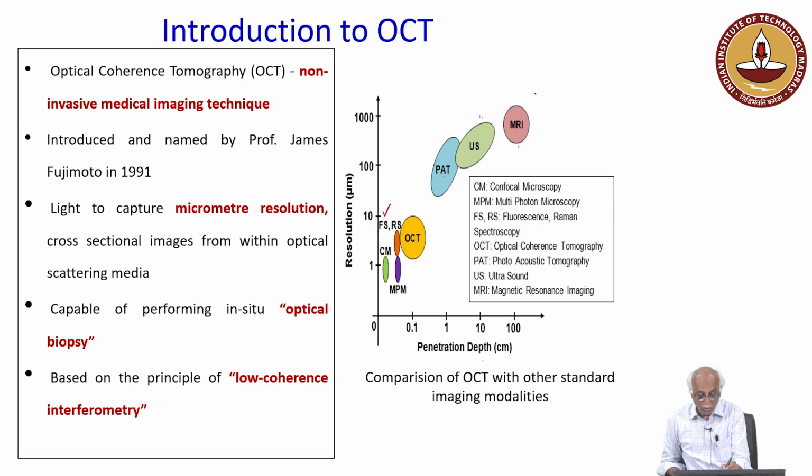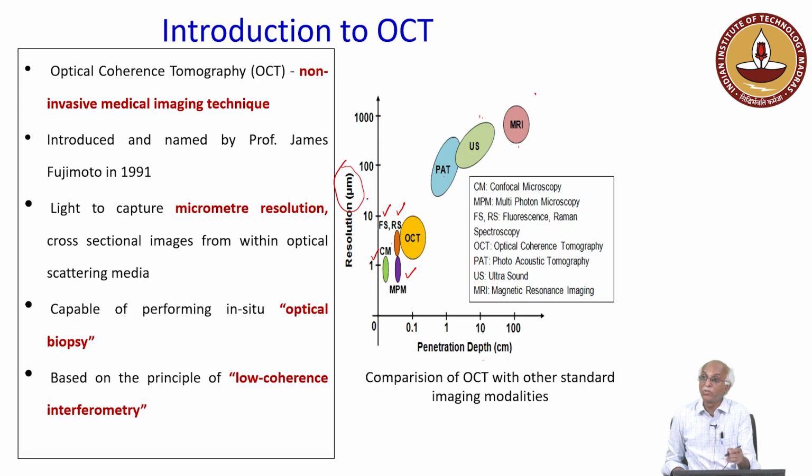Fluorescence spectroscopy, Raman spectroscopy, and microscopy techniques such as confocal or multiphoton provide less depth of penetration, but they have certain advantages in terms of what we want to observe. Some application areas are there which are separate. Now, if you consider OCT, its penetration depth is millimeter order, and resolution.